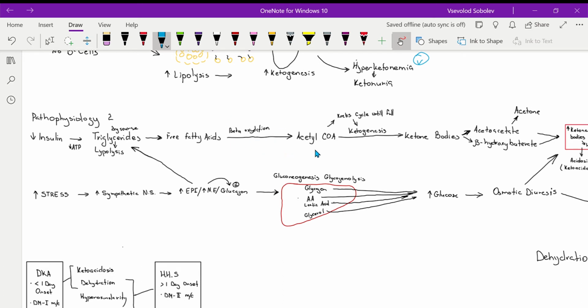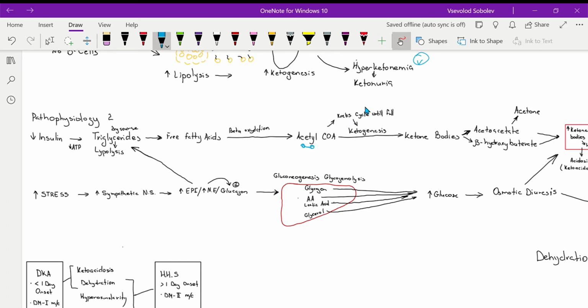Beta oxidation will lead to formation of acetyl-CoA molecules, and these molecules will be fed into the Krebs cycle.